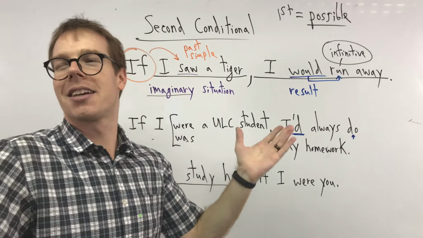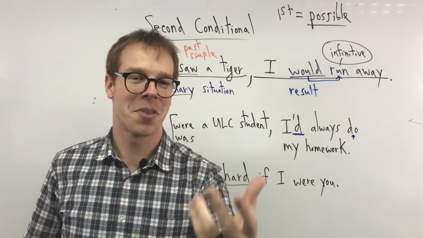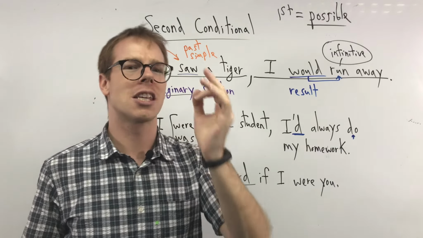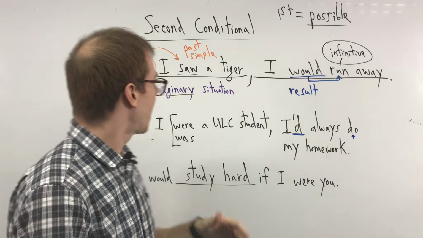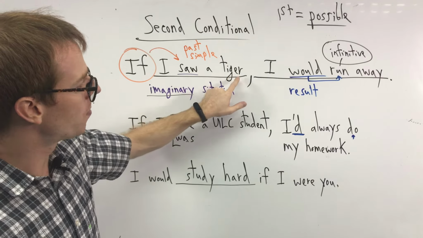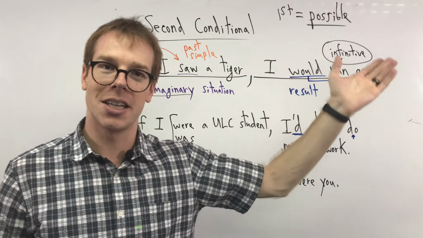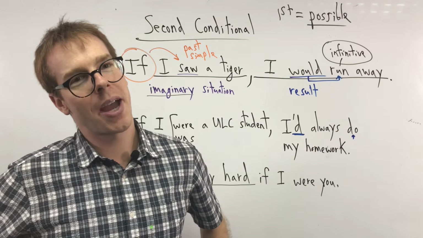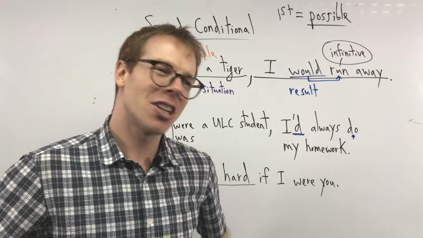So again, like any grammar, I want you to imagine something that you don't think is very likely or you don't think is possible. Like for me, I could say, if I lived in Japan, I would eat sushi every day. Do I live in Japan? No. Will I live in Japan? Actually, low chance.